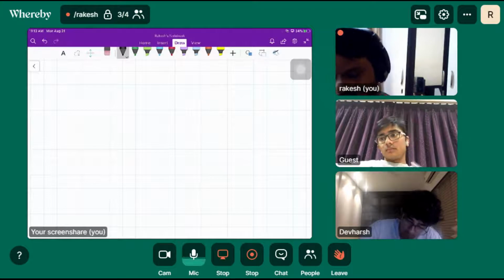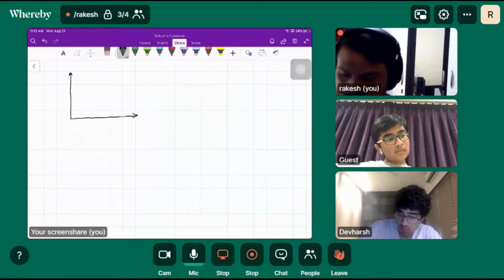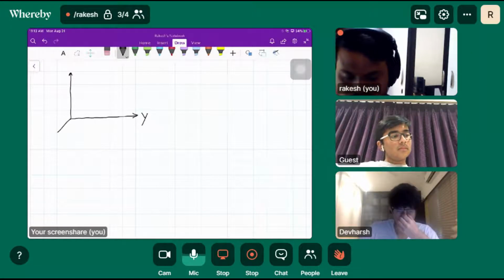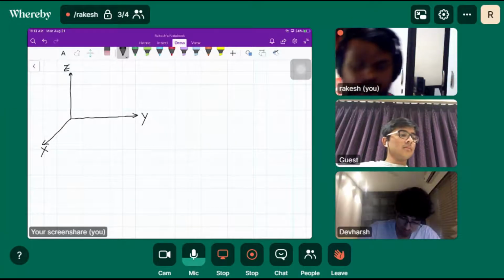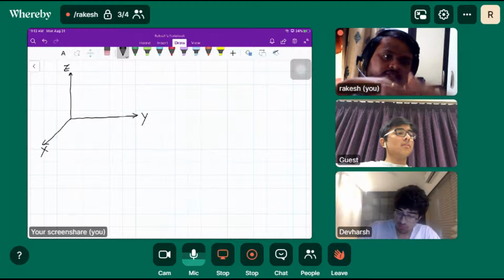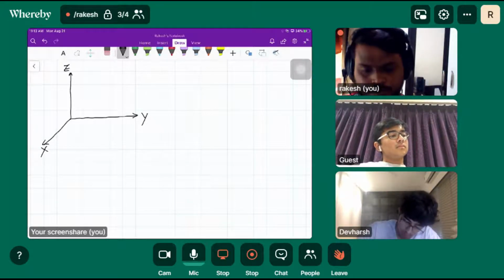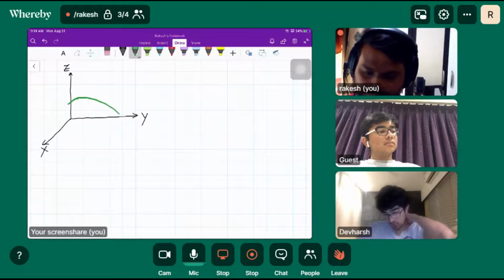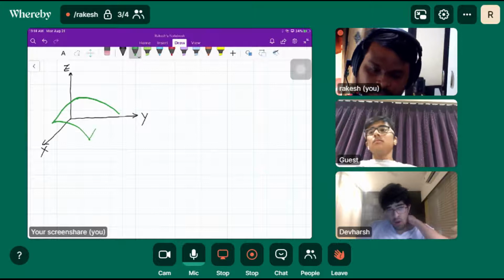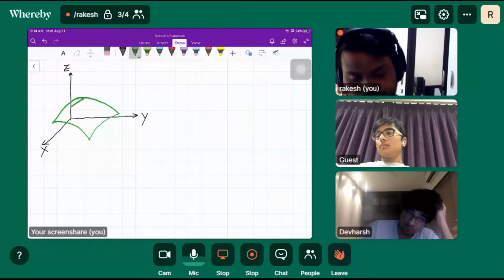So let me draw the surface here. Instead of region, we will call that a surface now. Okay, that surface like this. So this is a surface.